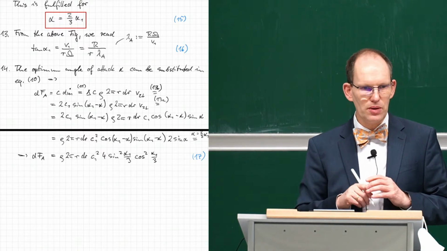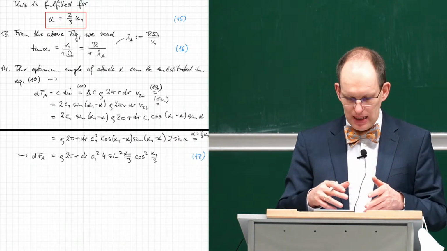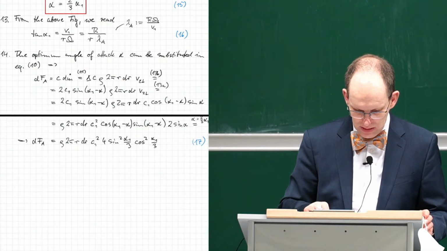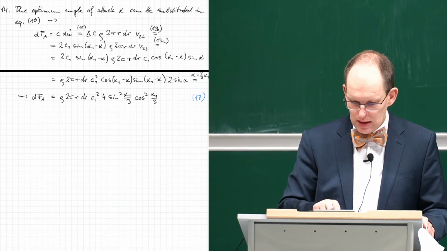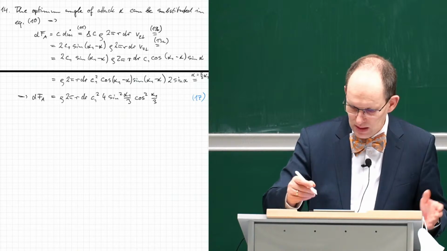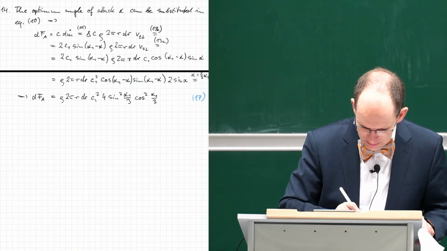And now to what I announced. We demand that this lift force is equal to the lift force according to, well, the equation that is familiar, so that everybody should know about the lift.